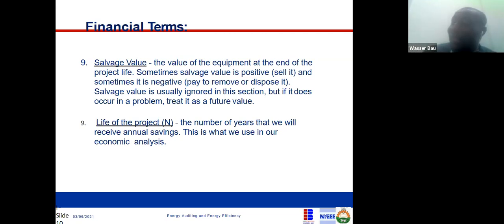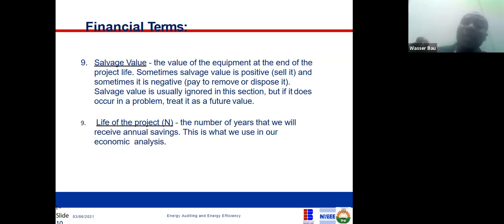So the best thing he needs to do is to demolish it and then erect a new one and start up a new economic life. So N represents the life of the project, the number of years that we will receive annual savings. And this is what we use in economic analysis.